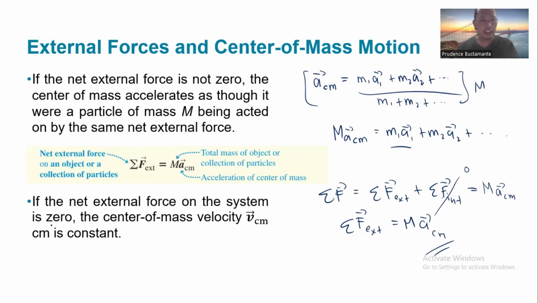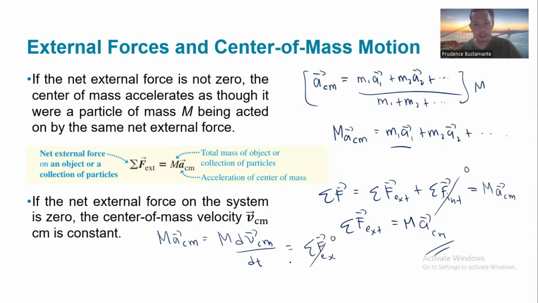If the net external force on a system is 0, do you think the center of mass velocity V_cm is constant? Of course. A center of mass is M dV_cm over dt, equal to the net external force.